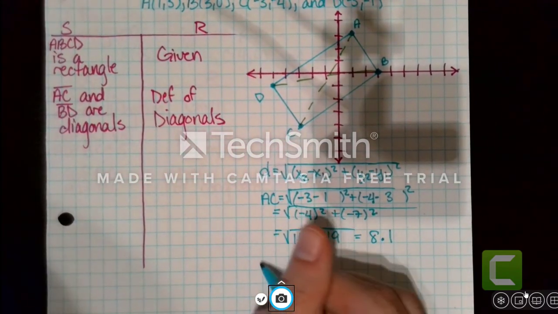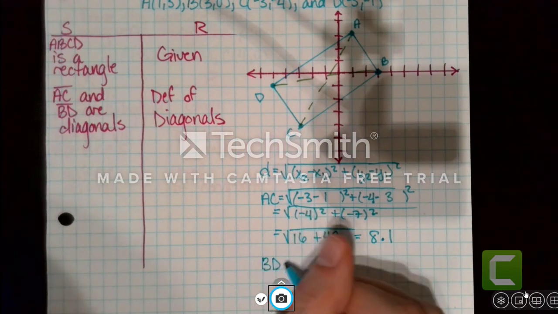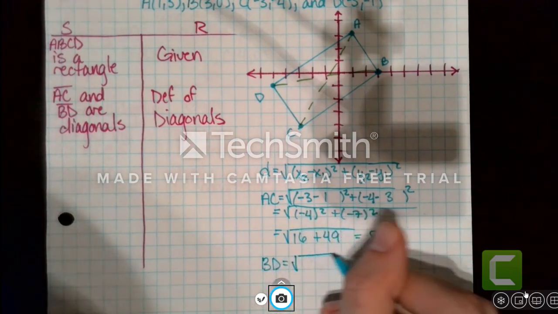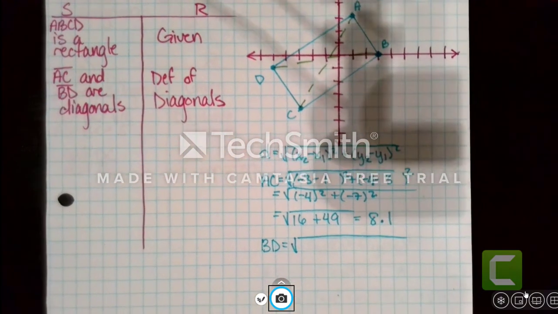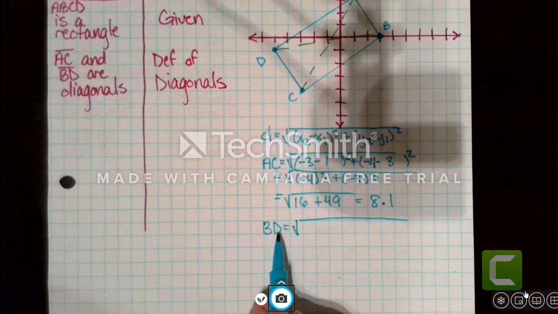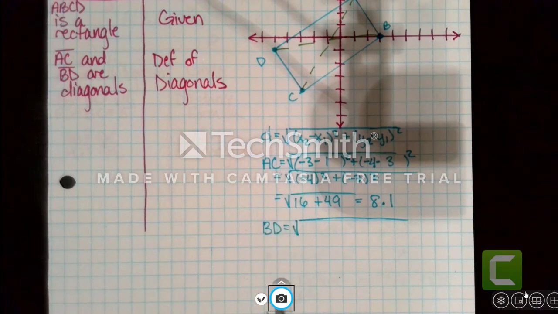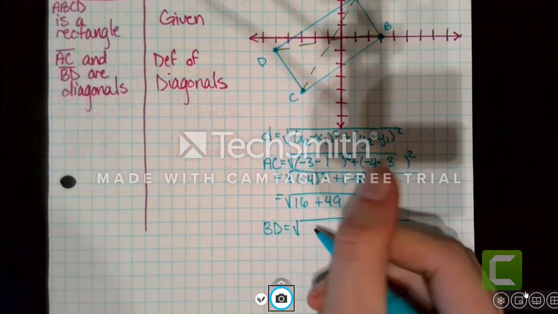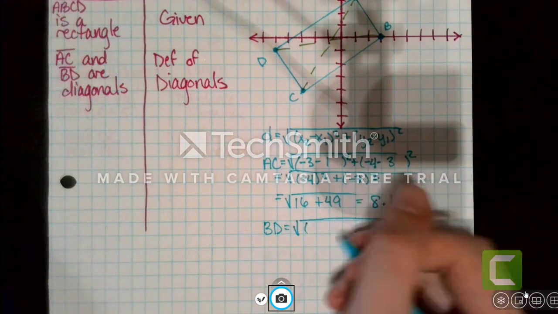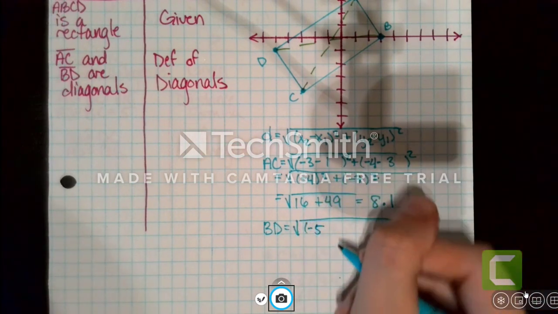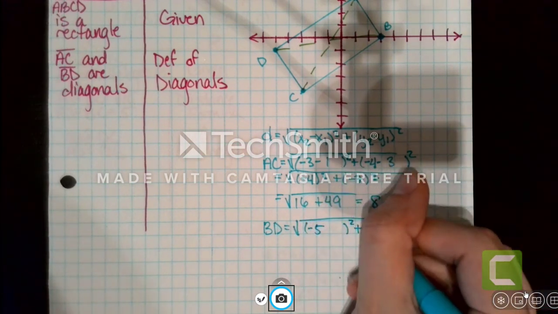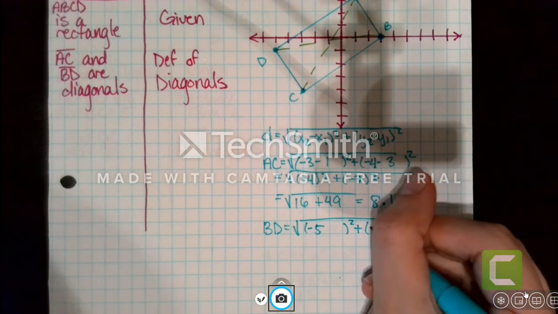Now that we have the measurement for AC, we have to do the same process for BD. Below, set up the statement again for BD is equal to the square root, and we're going to take D to be our second coordinate, just like we did with C. So your x value for D is negative 5, and your y value for D is negative 1.